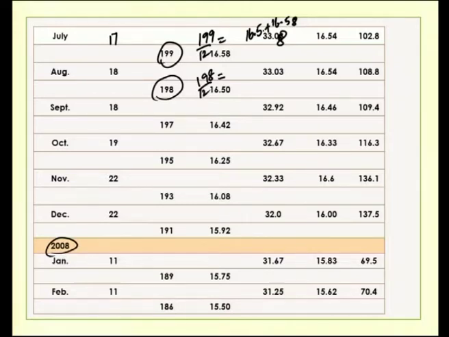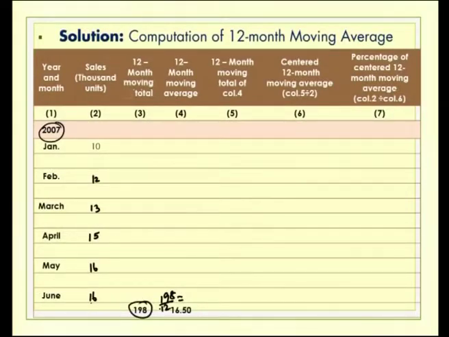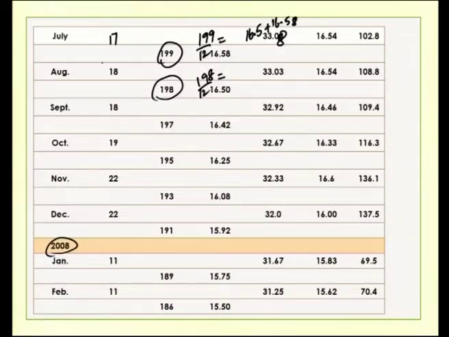So, actually, 16.5 is written in between June and July, and this 16.58 is written in between July and August. So, when you center the two values 16.5 plus 16.58, the center is July.